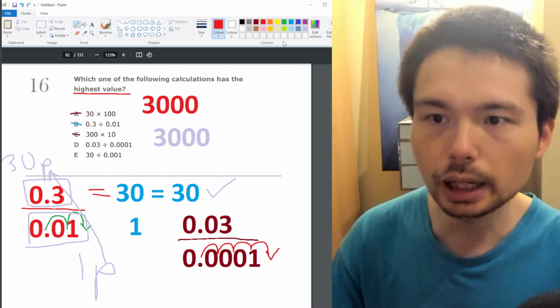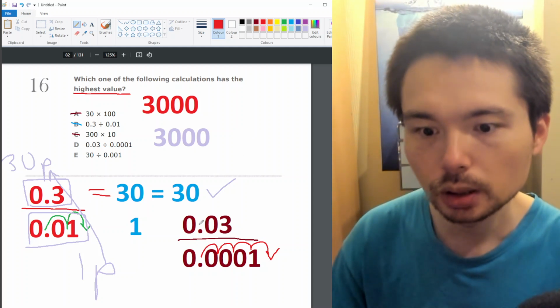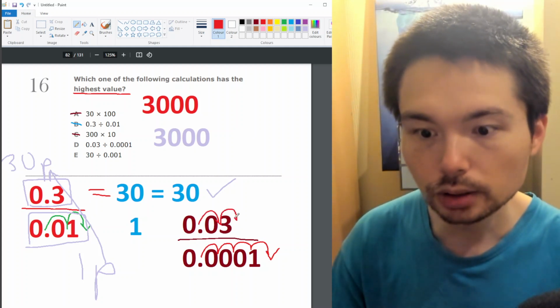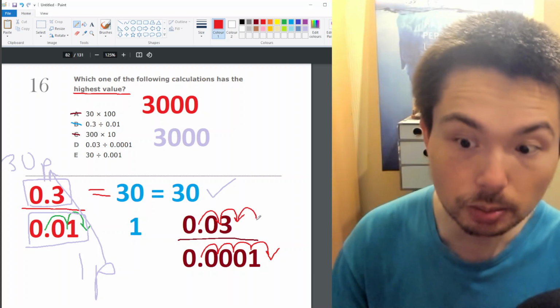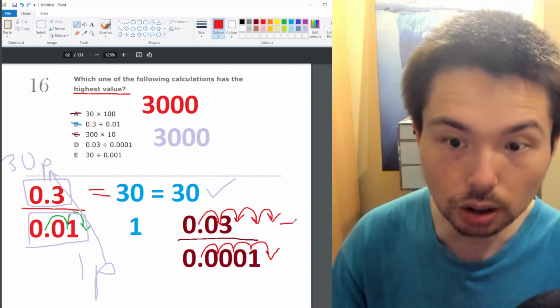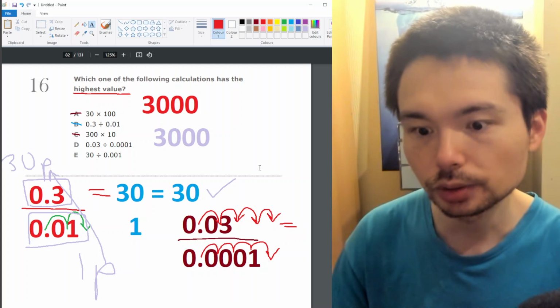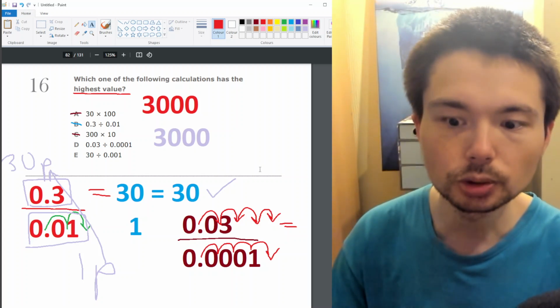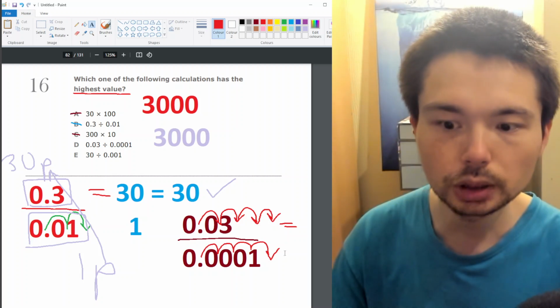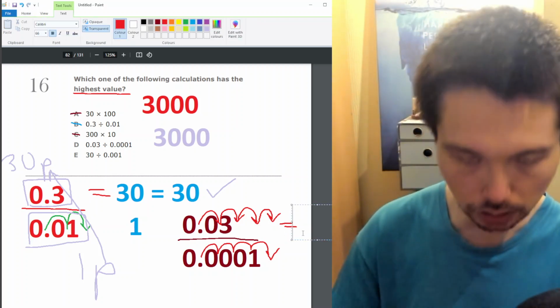That is 10,000. Do the same up top. 1, 2, that's timesing by 100, and now times by 100 again. So the top will be 300. 300 over what? 1, 2, 3, 4. 300 over 1. Okay, so the answer is 300.